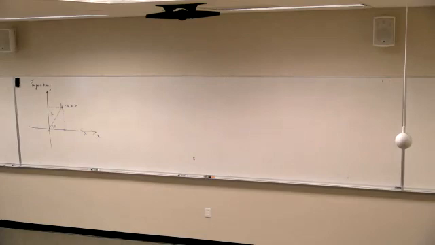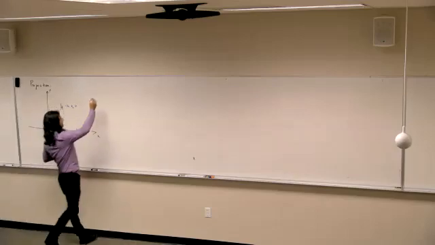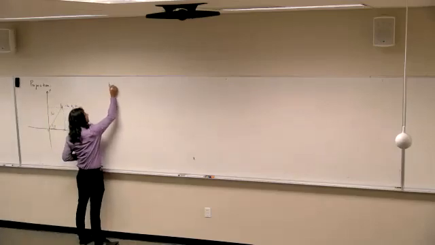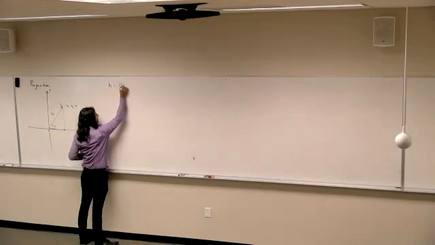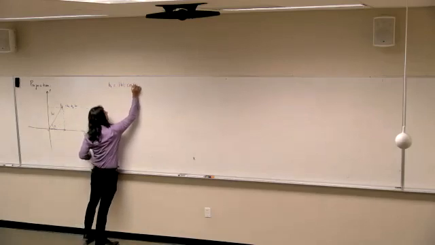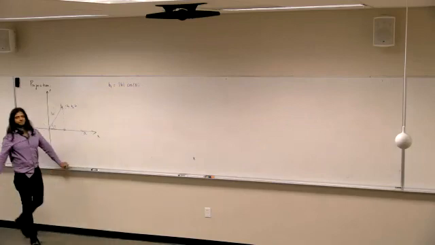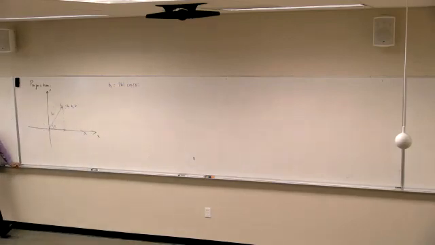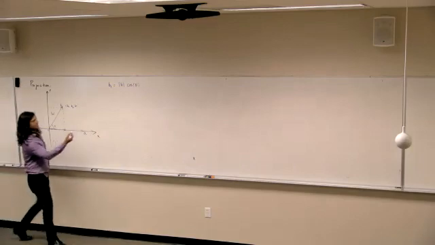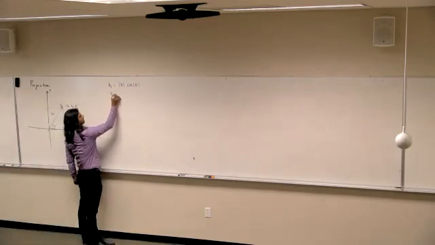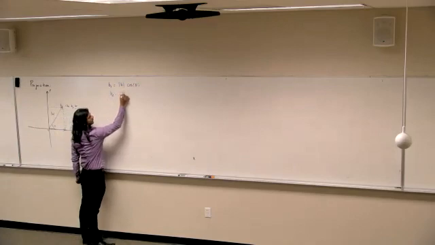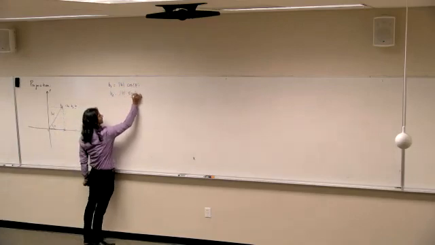Do we agree? From last time? Okay, B1 is simply the magnitude of B times cosine theta. What is B2? Same thing but sine. Or the same cosine of 90 minus theta, but sine: the magnitude of B sine theta.